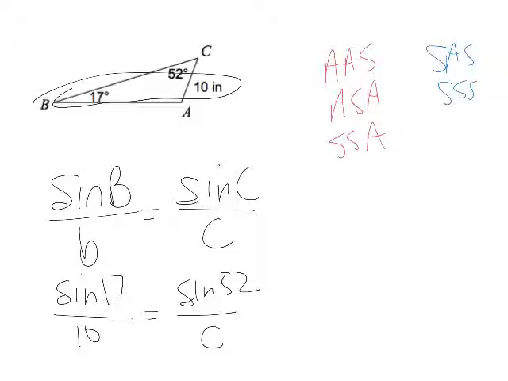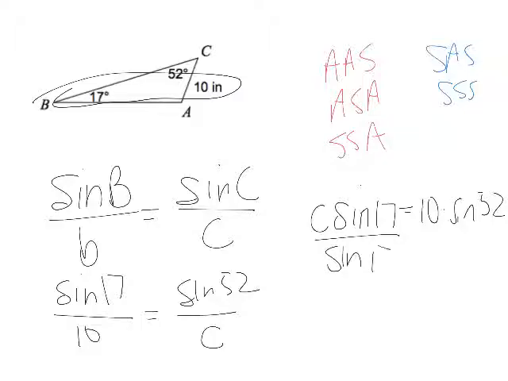So ultimately you're just basically going to cross multiply and divide. When I cross multiply, I get C times the sine of 17 equals 10 times the sine of 52. Then I will divide both sides by the sine of 17.